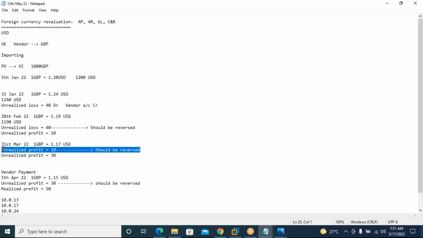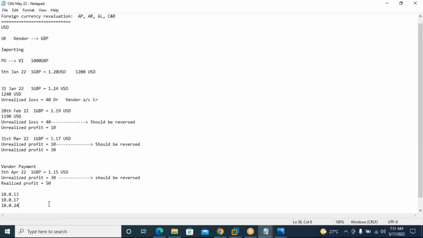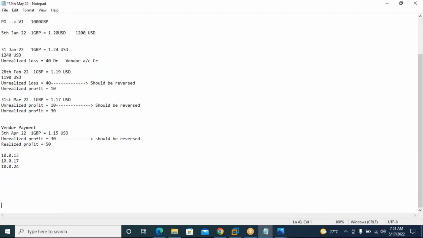Actually, that reversal in general ledger is for provisional entries or payable entries.